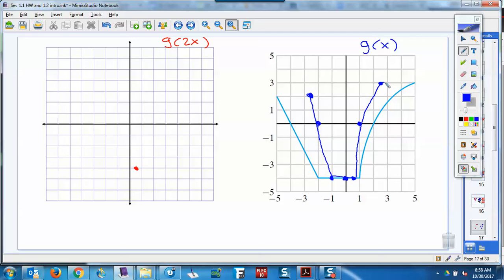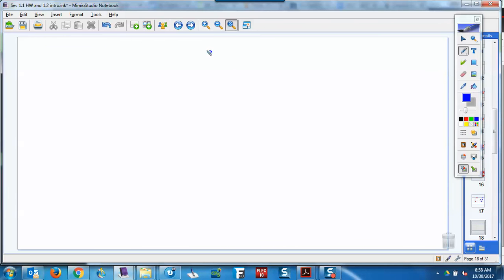Okay, the ones I forgot. What about a negative on the outside? If you have negative G of x, what about a negative on the outside? Vertical flip. It flips over the x-axis, right? It's on the outside, so it acts vertically.